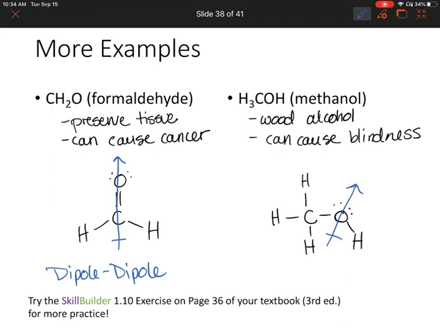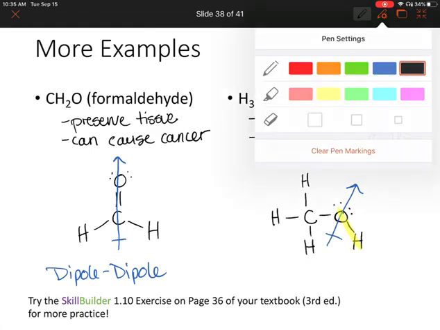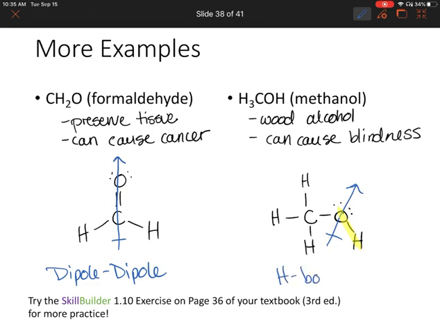What about methanol? What's the strongest force that methanol would experience? Hydrogen bonding. We do have a hydrogen bonded to oxygen. So this would be H bonding. Okay, so now let's consider boiling points.